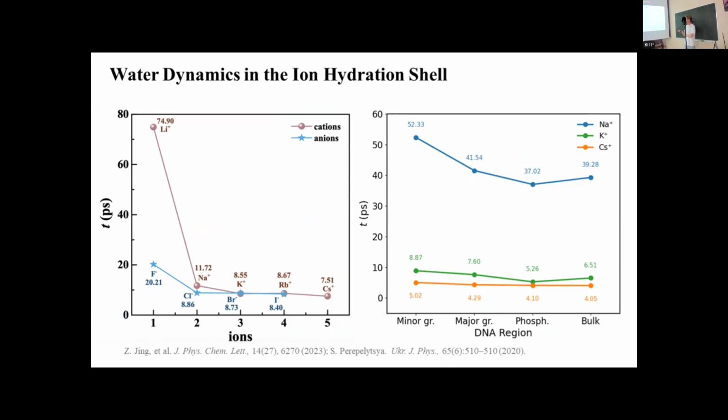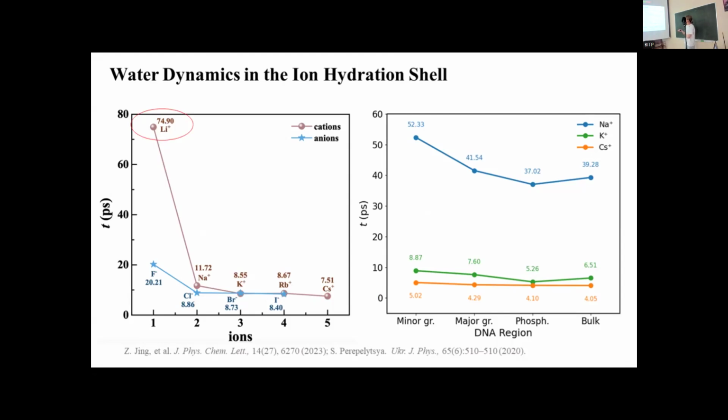Here we can see a clear trend where the water molecules near the lithium ions have the longest residence time, tens of picoseconds, while the sodium ions can also retain water molecules relatively strongly. But for potassium, rubidium, and cesium, we observed the lowest residence time for water molecules in the hydration shell.